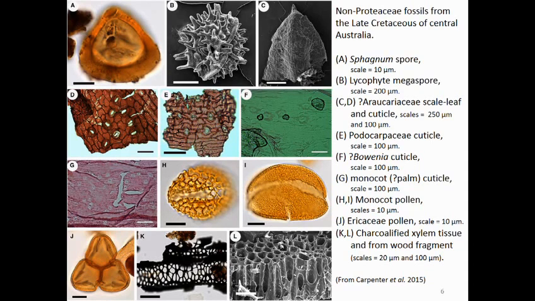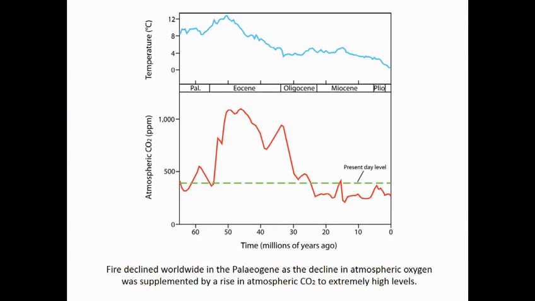And critically, K and L are fragments of charcoal that have come out of the sediment as well. There was fire in this environment, and almost certainly what we're looking at is one of the first glimpses of the Southern Hemisphere equivalent of the Northern Hemisphere Cretaceous fire-dominated and angiosperm-dominated ecosystems. This is new for us and very exciting stuff.